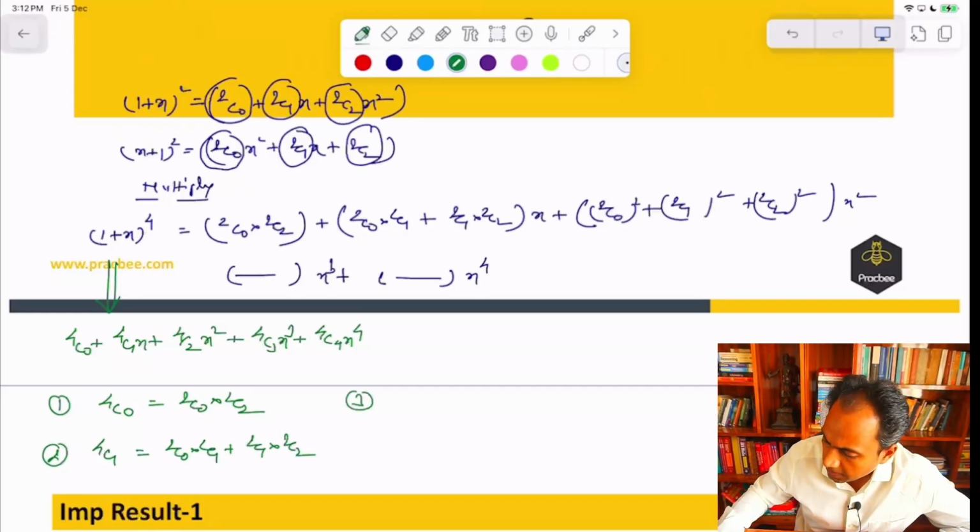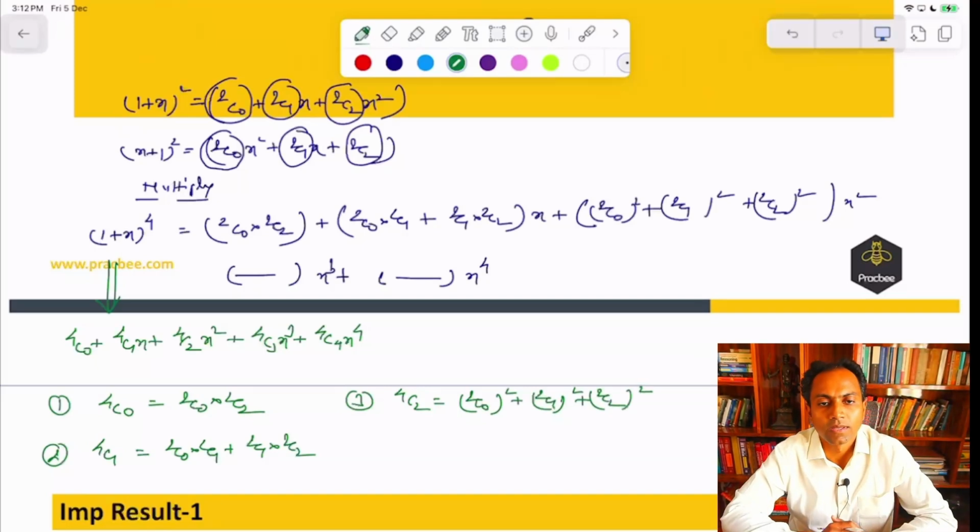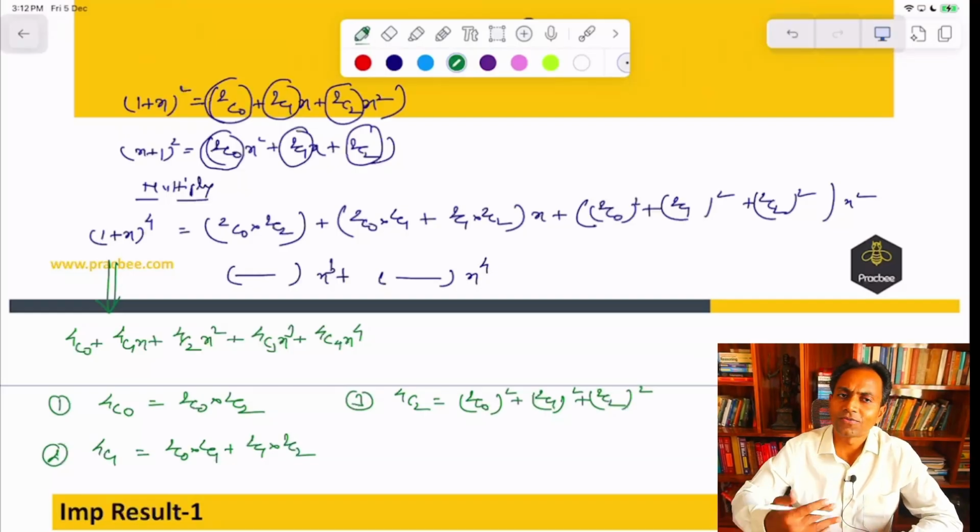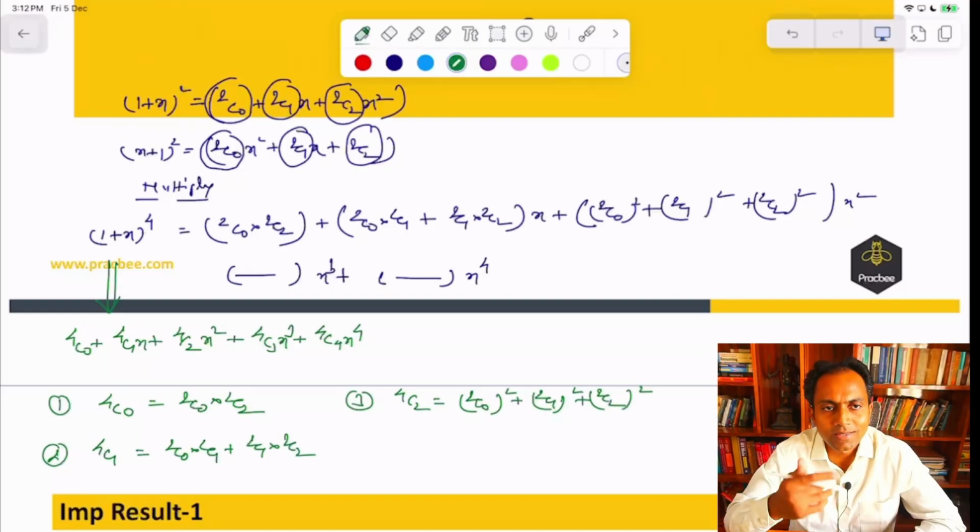And similarly, my x square term, that is 4c2, should be equal to 2c0 whole square, 2c1 whole square and 2c2 whole square. So this is happening. And we can keep on doing. In fact, we can write 5 such results. So you can see that this is the idea behind multiplication of two binomial expansions.